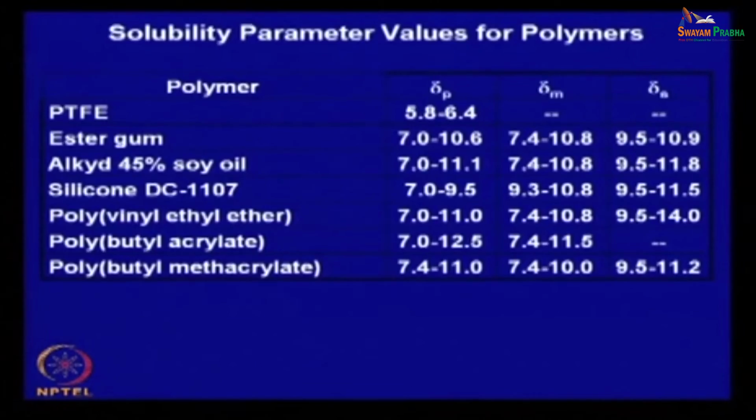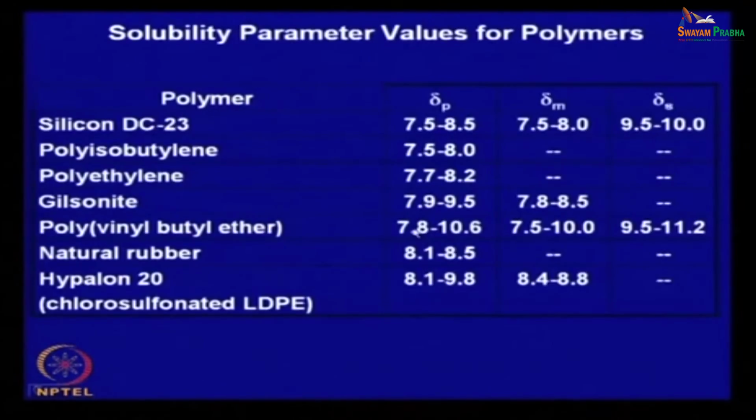So, ester gum and alkyd resins with soybean oils, silicone polymer, polyvinyl ether, polybutyl acrylate, polybutyl methacrylate, you see that their solubility parameter values are lying in the range from 7 to 10 for these polymers. I will come to explain later.